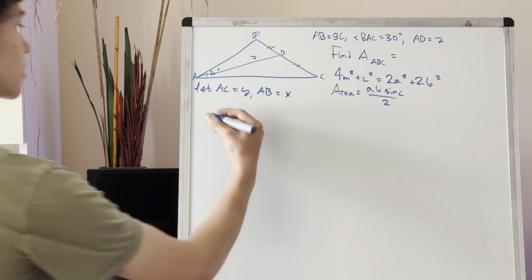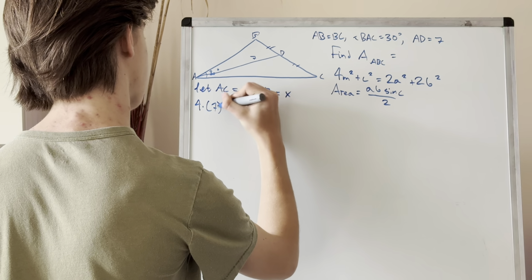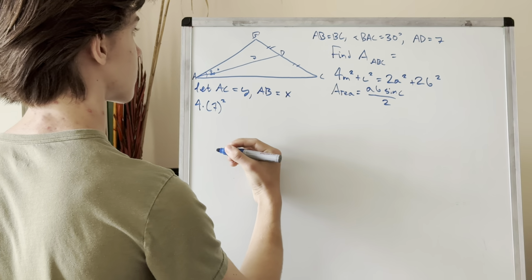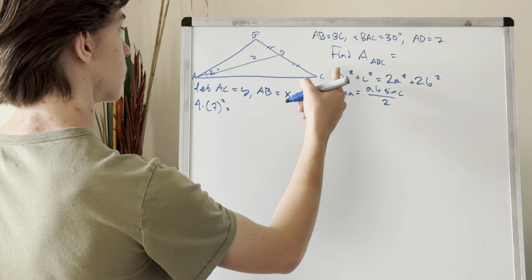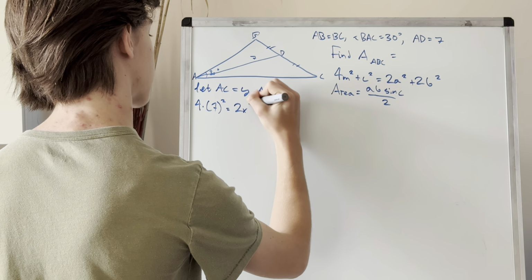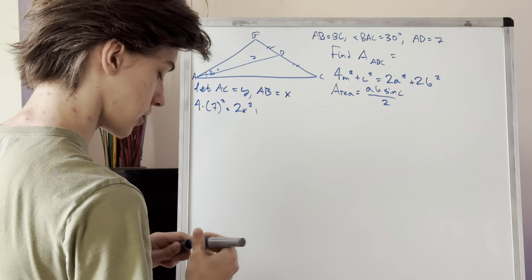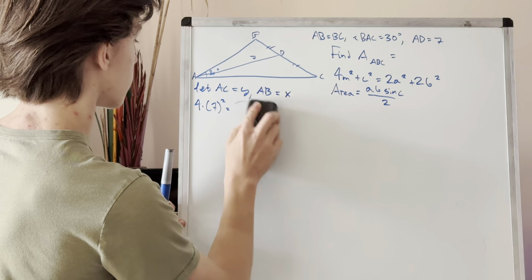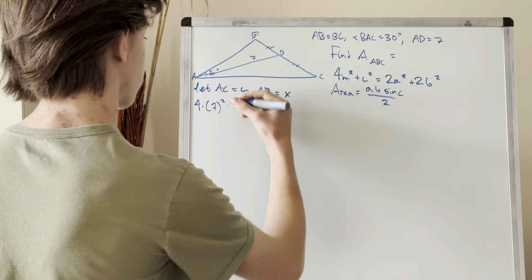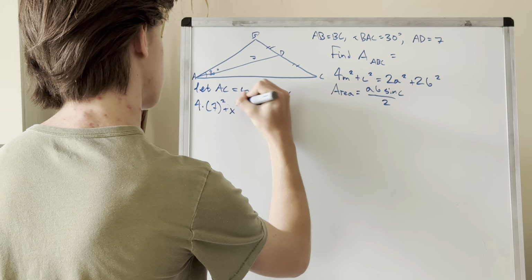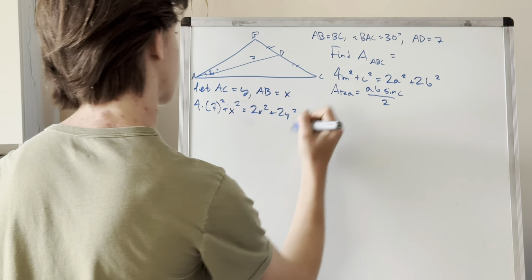So let's try to use these formulas to relate some numbers we have. So first one for medians. 4 times 7 squared, we have the length of the median, it's 7, equals to... I miswrote. 4m squared plus x squared equals to 2x squared plus 2y squared, right?